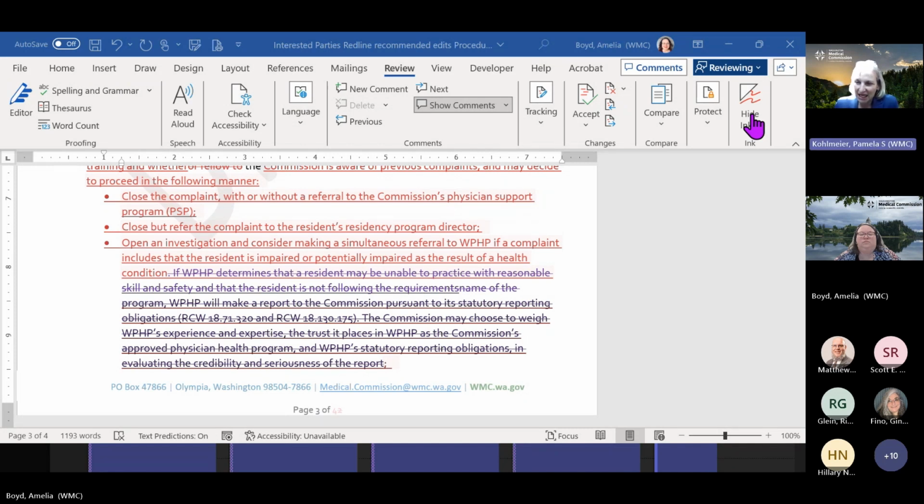Appreciate that insight. I actually really agree too. I mean, the commissioners are the ones that'll eventually decide whether or not to go this direction. But the sooner that you identify a health condition in a provider and get them the help that they need, the more likely it is to be successful, and that they can keep treating patients in a healthy way. So it's kind of good for everybody.